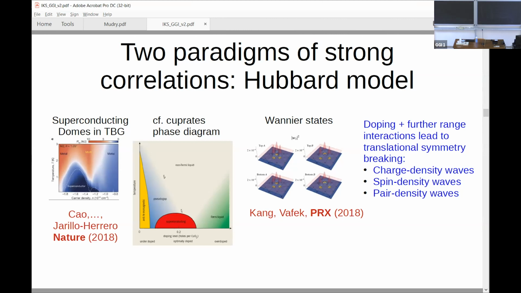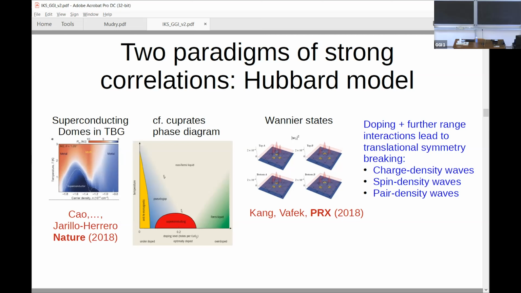So I'll start by talking about the connection to the Hubbard model. This was thrown up very early on in the history of this field. These first experiments in 2018 that showed that twisted bilayer graphene is superconducting also showed that you had these insulators that were close to the superconducting phases. And you can see that this insulator here is labeled as a Mott insulator.